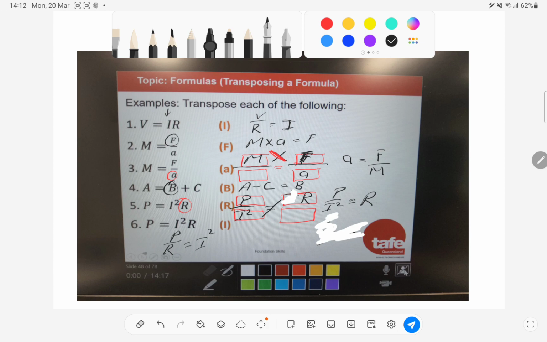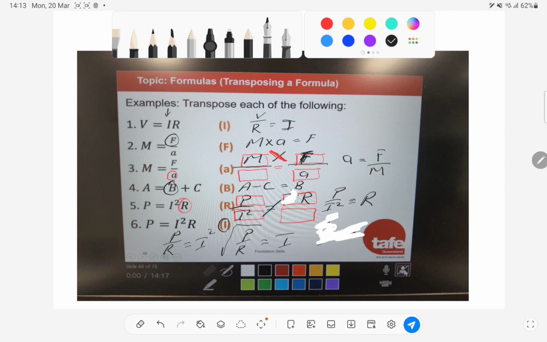I do not want I squared. You can see here it's specifically asking for I. So to get rid of square, it needs to be a square root when it goes to the other side. So therefore I'll have P divided by R and square root everything that's on the other side, and then I will have I is P divided by R, square root of all of those.